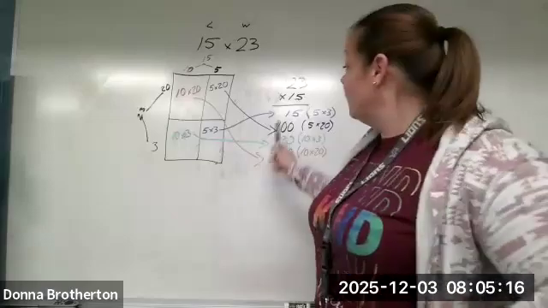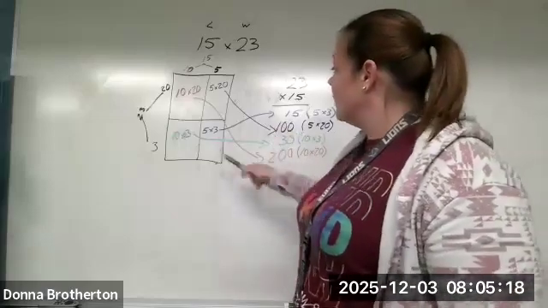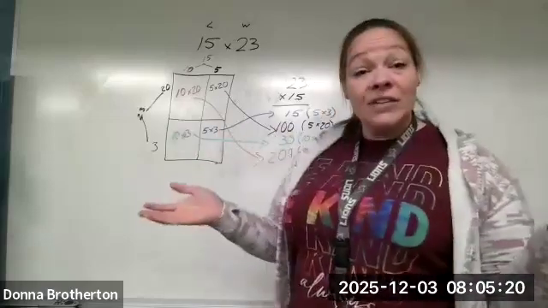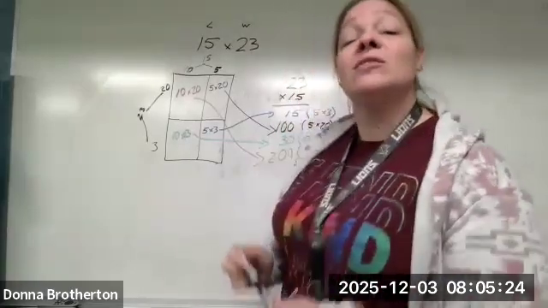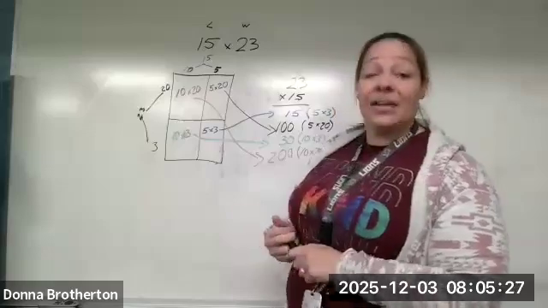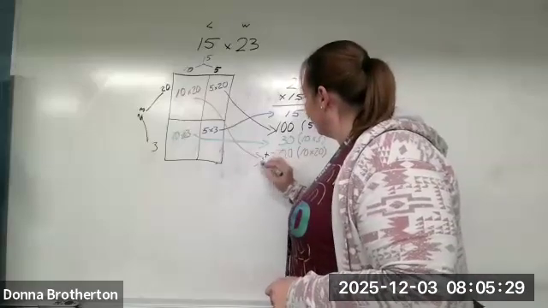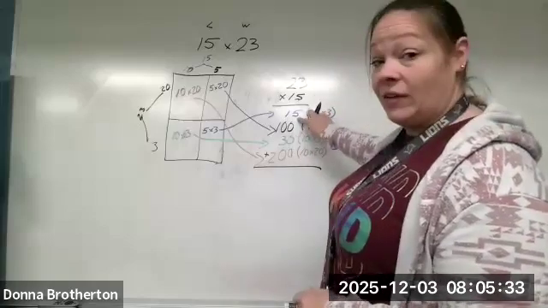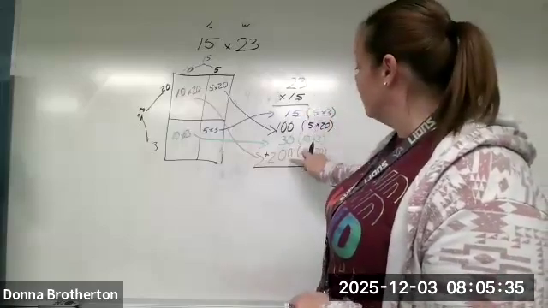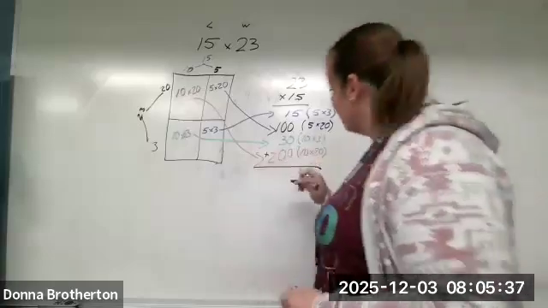All right, so now that we've found all these partial products, we're done, right? Nope, you are absolutely right. Now we have to add them all together. Here, we can go right down the ones. That's a 5 plus 0 plus 0 plus 0 is 5.